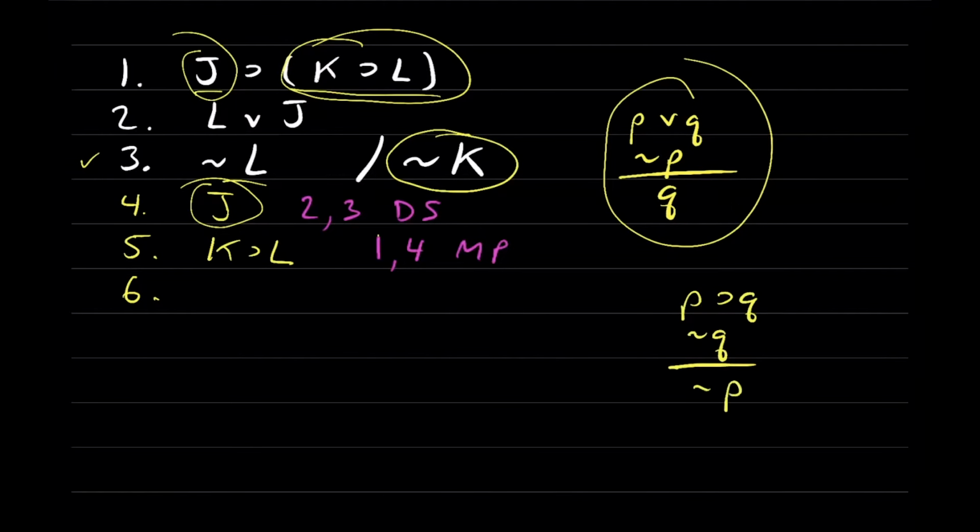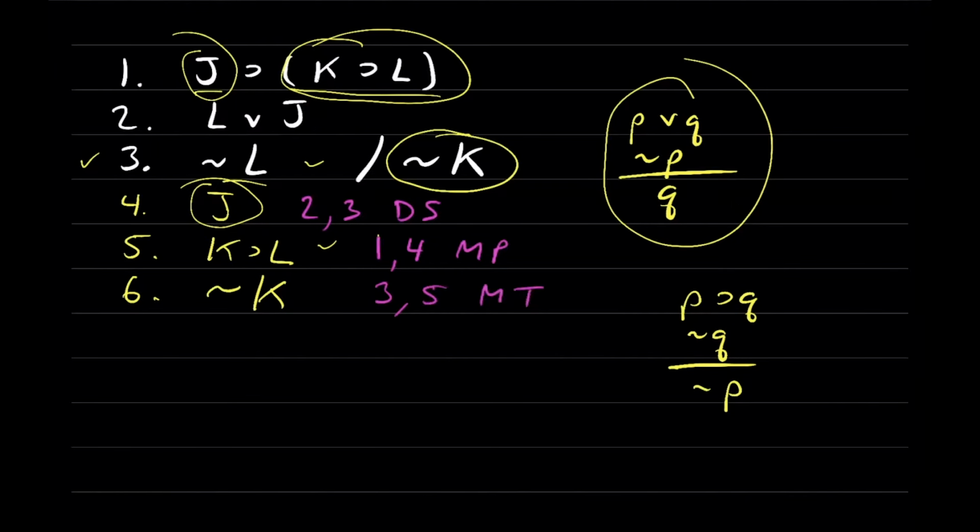And that's what we have going on here. We have K implies L right here. We know that L is false right here in line 3. From that, we can conclude that K is false, not K. And that follows from line 3 and line 5 by Modus Tollens, MT.